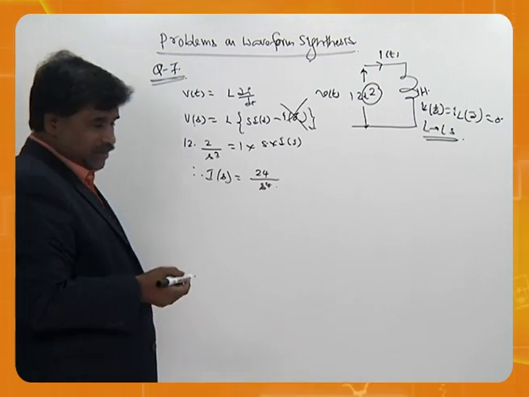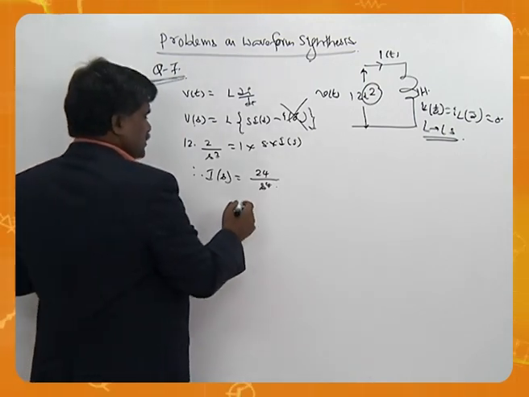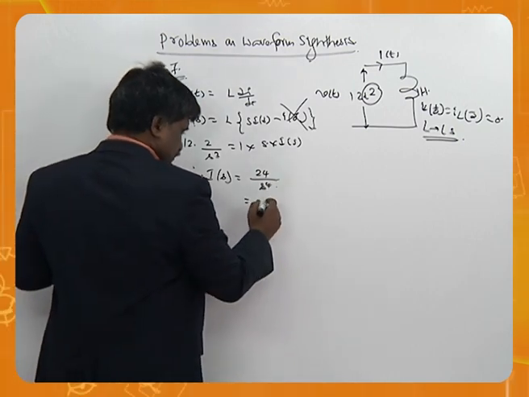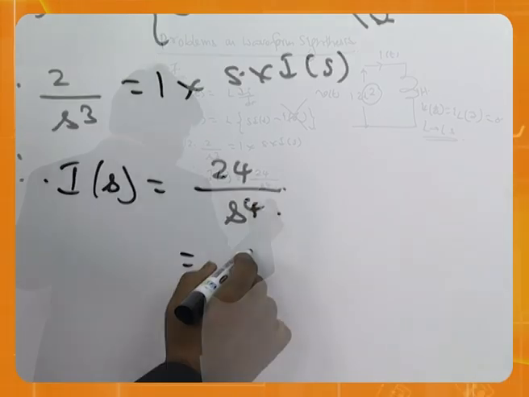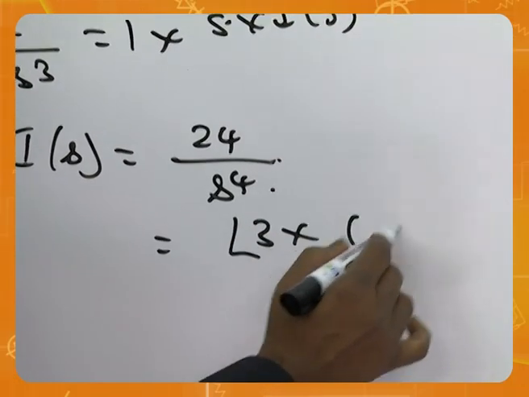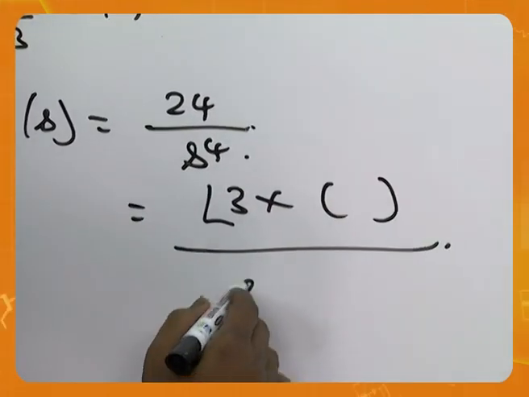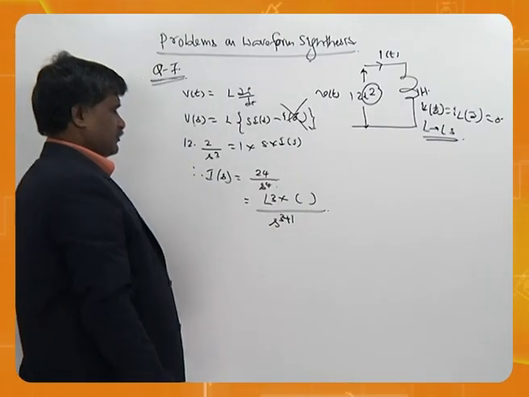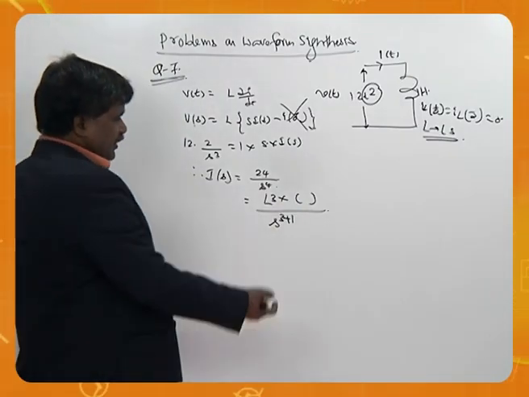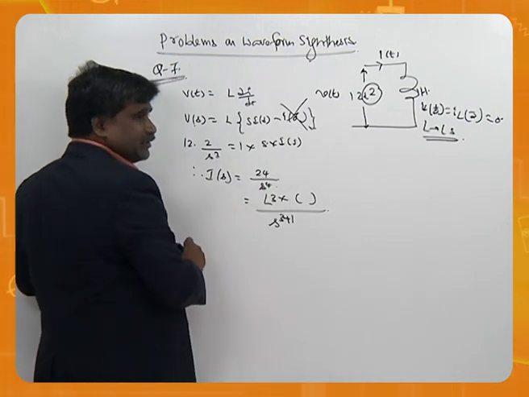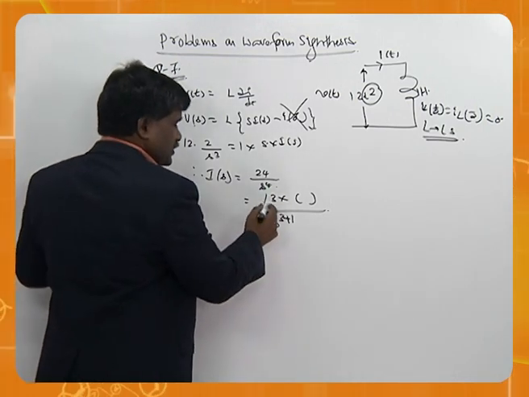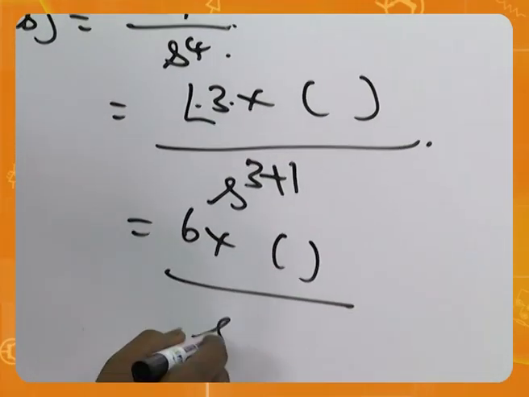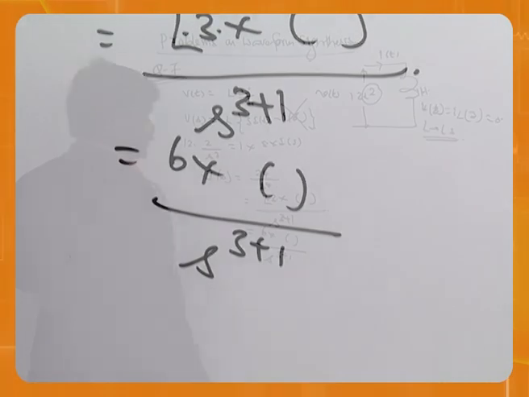Okay. Now what you do is, adjust this as factorial 3 into something divided by s power 3 plus 1. That's the meaning. What is factorial 3? Factorial 3 is 1 into 2 into 3, that is 6, into something by s power 3 plus 1.